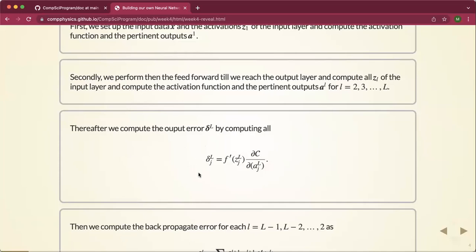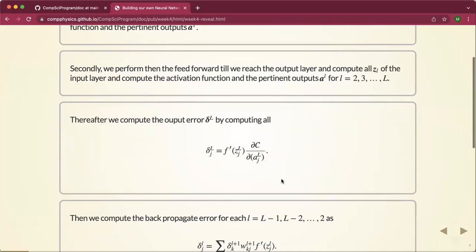This was the error we had when we computed the derivatives of the cost function. The derivative of the cost function contained a quantity which depended on the cost function itself, the output from the last hidden layer, and also an evaluation of the derivative of the so-called activation function.